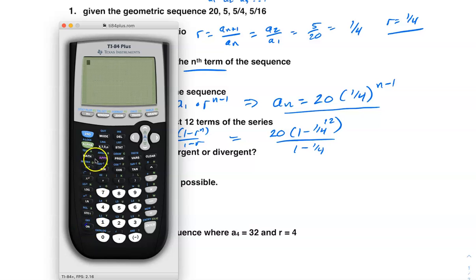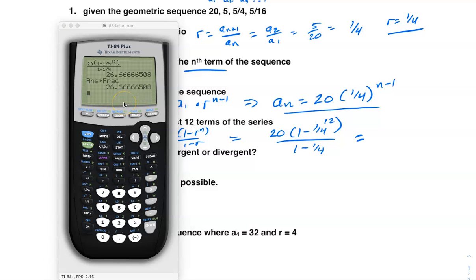So easiest way to do that, second y equals, and we have 20 times (1 minus 1/4, or 0.25, whatever you want to do) to the 12th power, all over 1 minus 1/4, or 0.25. I meant to put 1/4.